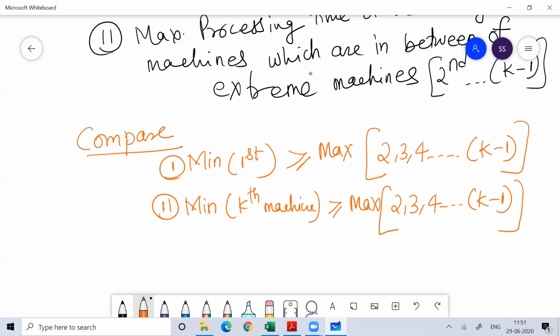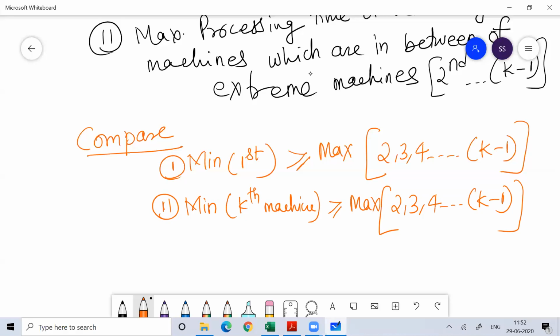Either of the comparisons should be true, or both of them should be true, to convert the given problem into a two machine problem. It is the same thing we did for three machines. With three machines, first and last were there, for which you used to find the minimum processing time, and that used to be compared with the maximum processing time of the second machine, because there was only one machine in between.